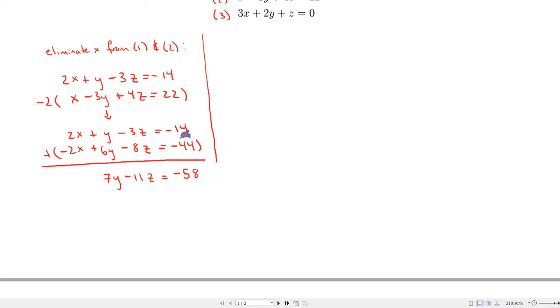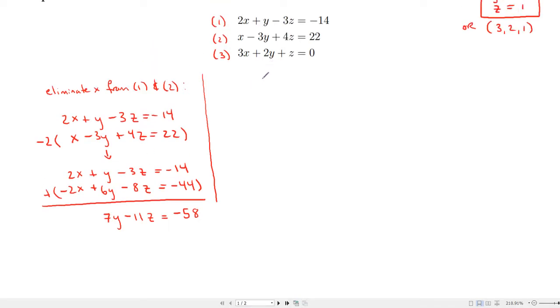So now we have y's and z's, and let's do the same thing. We'll eliminate x from, how about, let's do 2 and 3.